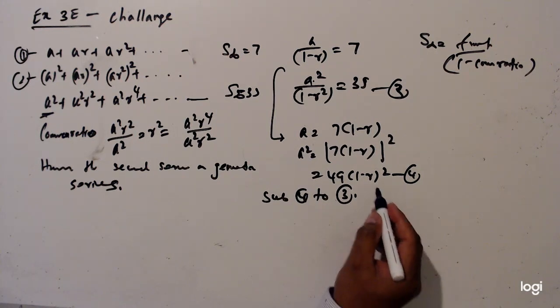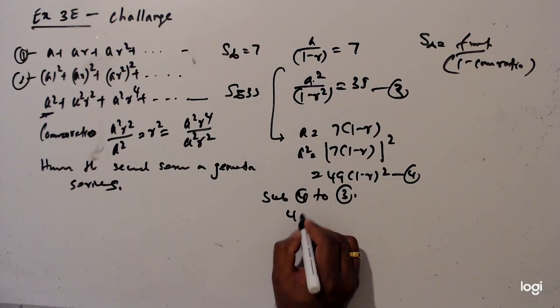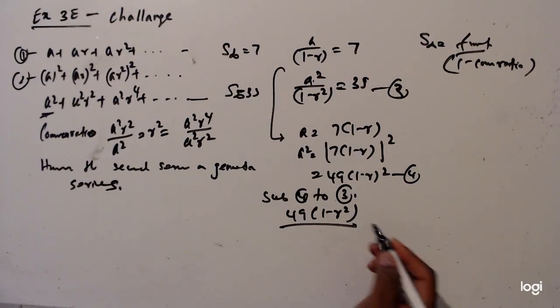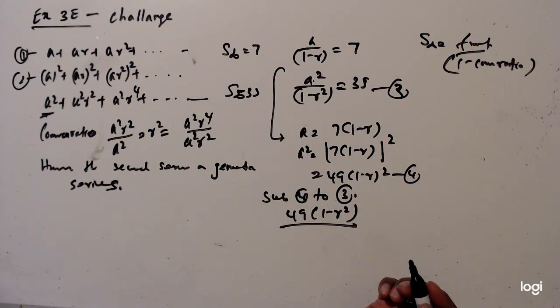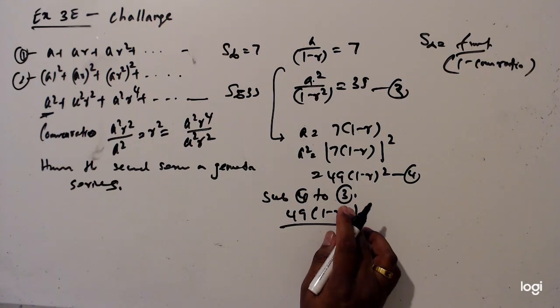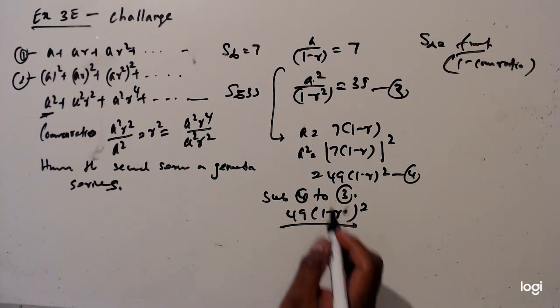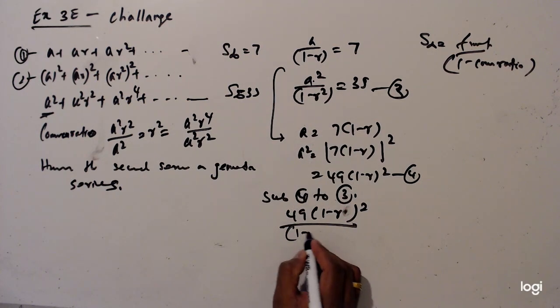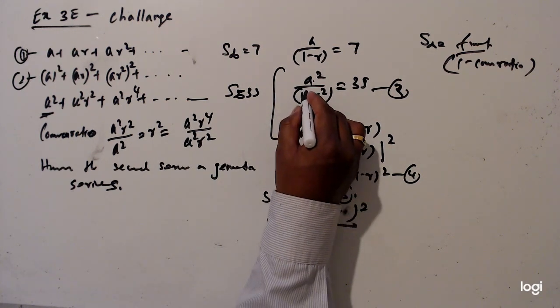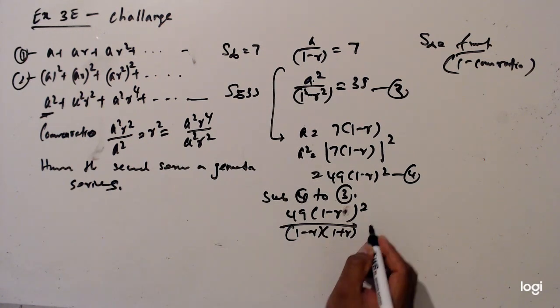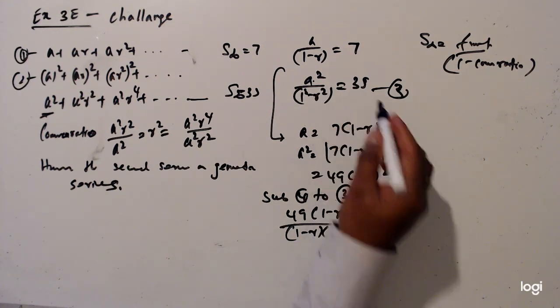Then a squared means 49 times (1 minus r) squared over 1 minus r squared, and 1 minus r squared is a difference of two squares. So (1 minus r)(1 plus r) equals 35.